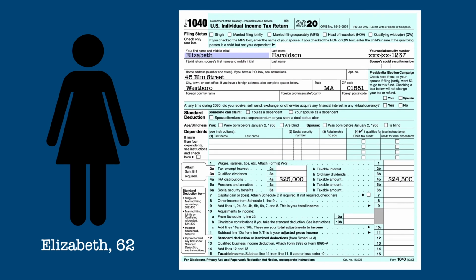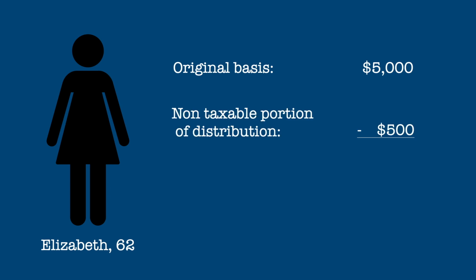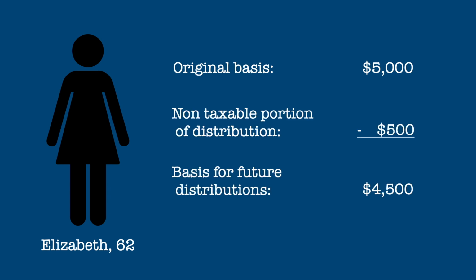On Elizabeth's 1040, $25,000 is reported on line 4A and $24,500 on line 4B. For any future distributions, her basis is then reduced by the $500 non-taxable portion of the distribution to $4,500.